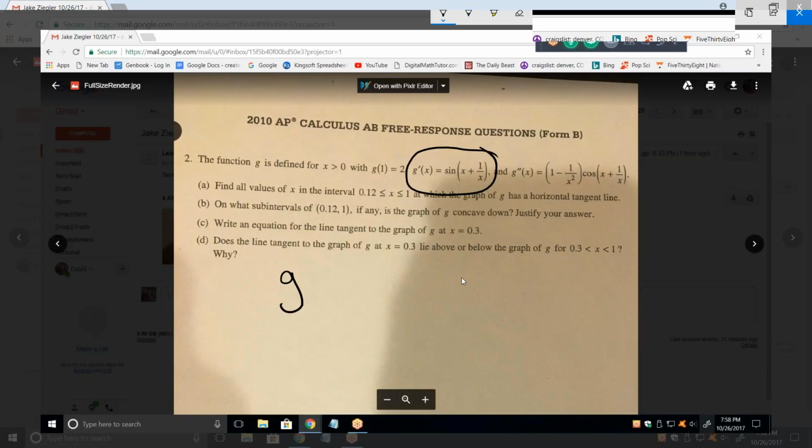So our slope of our tangent line is going to be g prime of 0.3, which is the sine of 0.3 plus 1 over 0.3.